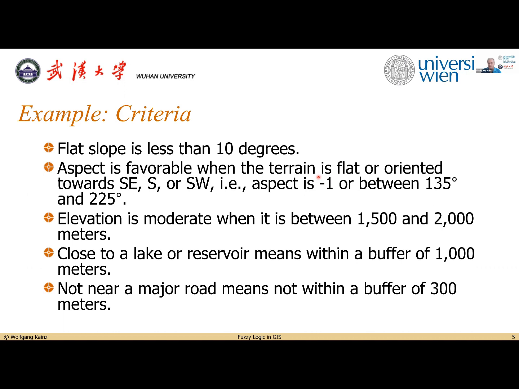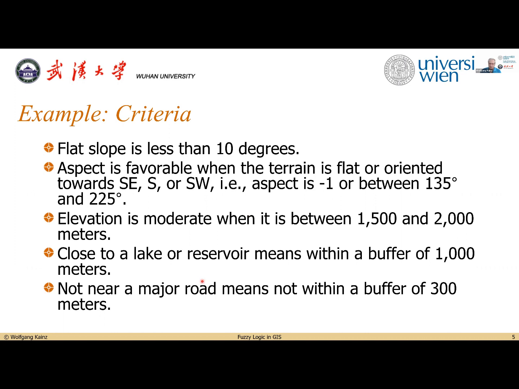Of course, this favorable aspect with the south, southwest, southeast orientation makes some sense on the northern hemisphere. On the southern hemisphere, it might be a different implementation of this criterion. Elevation is moderate. We say when it's between 1,500 and 2,000 meters.